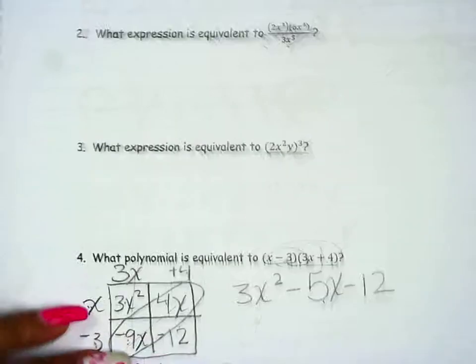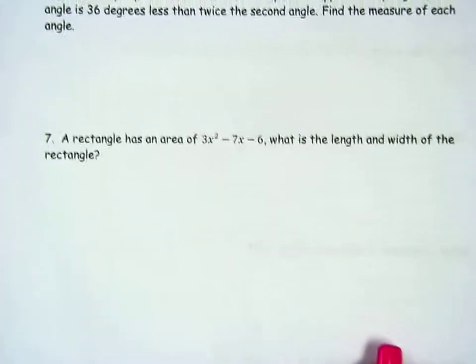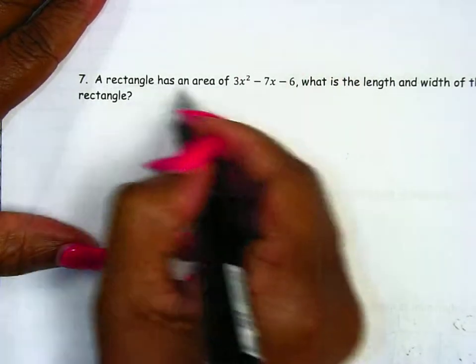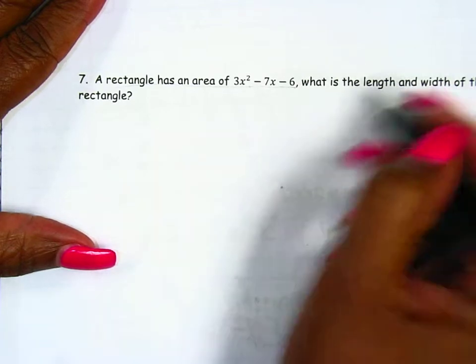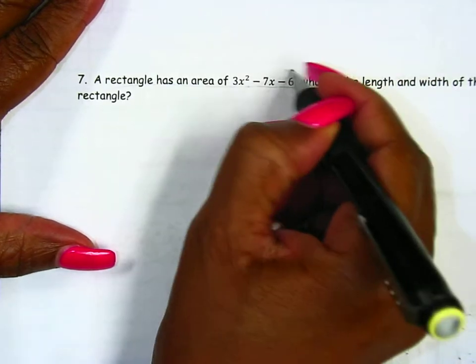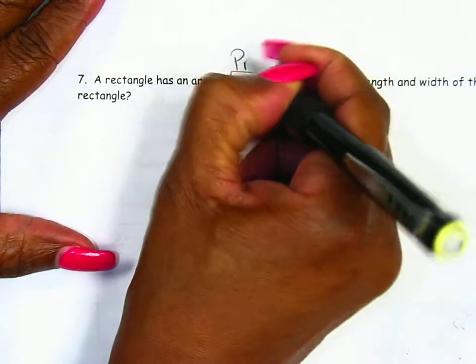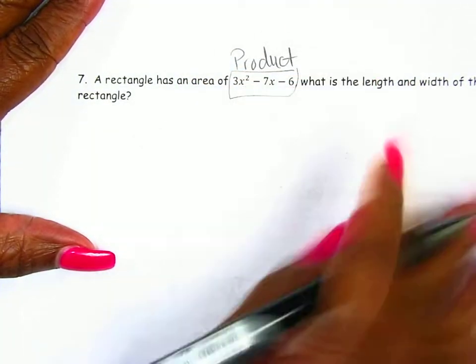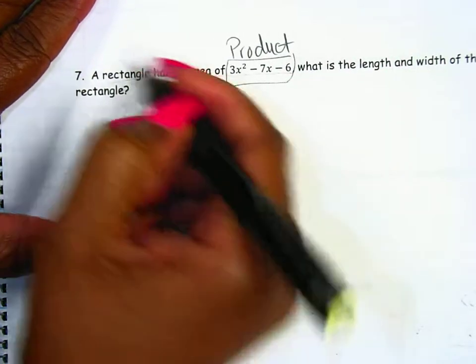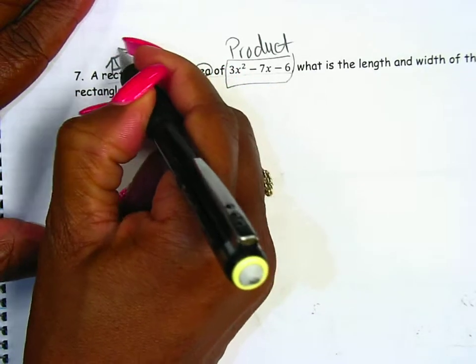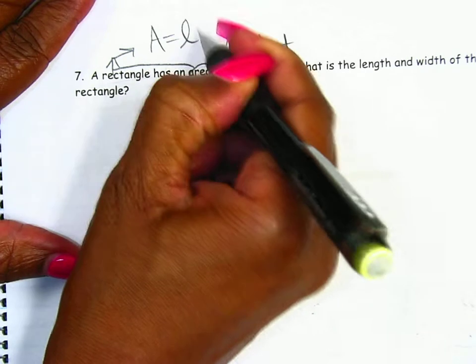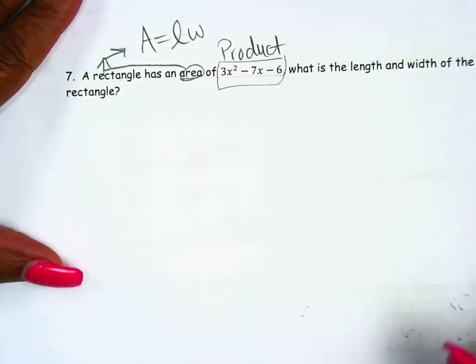Now, number 7 says a rectangle has an area of 3x squared minus 7x minus 6. What is the length and the width? So basically, here's the product. Because you know the area of a rectangle equals length times width, so we know we're multiplying.